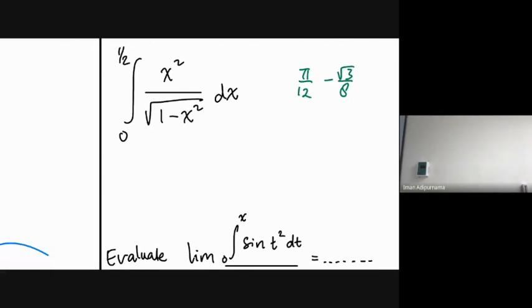So this will be half, and then theta minus sine 2 theta over 2, from 0 to 5/6. So 5/12, and 5/6 times 2 is 5/3. Sine 5/3 is what? It is half square root of 3, times 2, and 4 becomes 8, right? So it will be square root of 3 over 8.